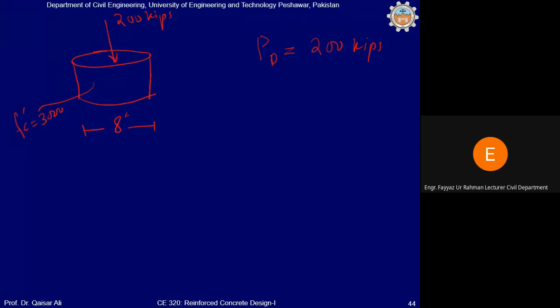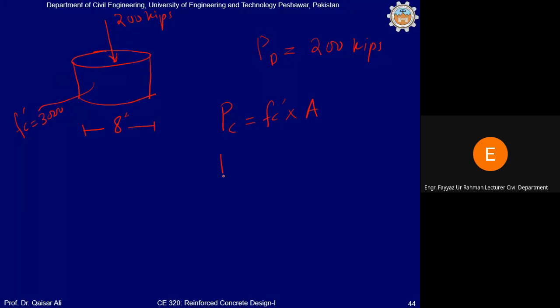If the demand is given in the form of load, then you have to compare the demand with its capacity. Now, what will be the capacity of this member? It will be equal to strength multiplied by geometric modulus, so it is equal to area.